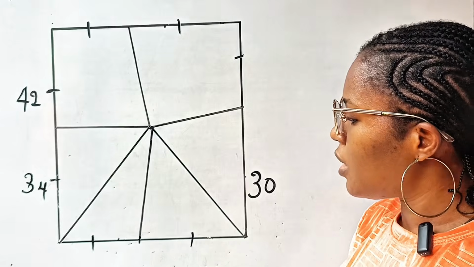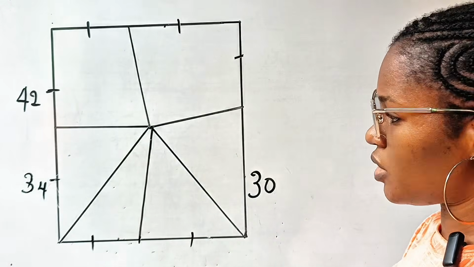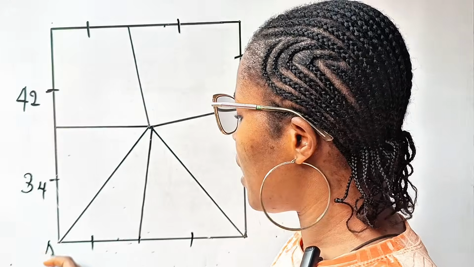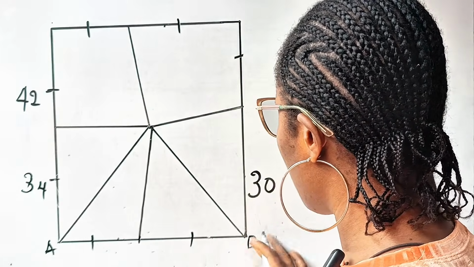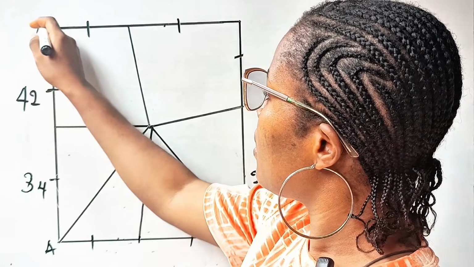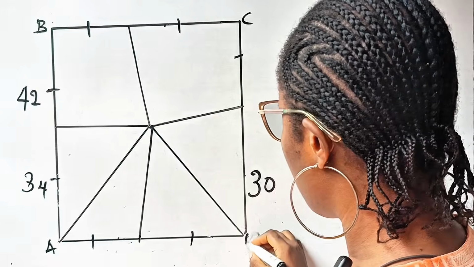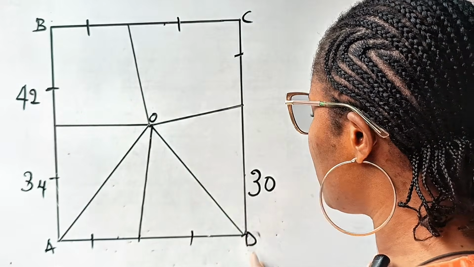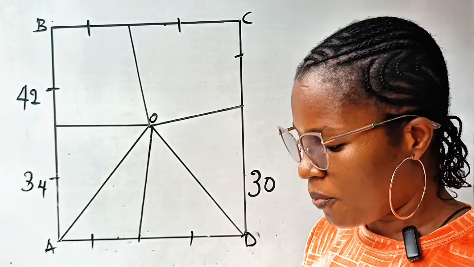All right, now you notice that we have formed a triangle. So if we call this A, B, C, D, and this place O, you can see that AOD is a triangle.